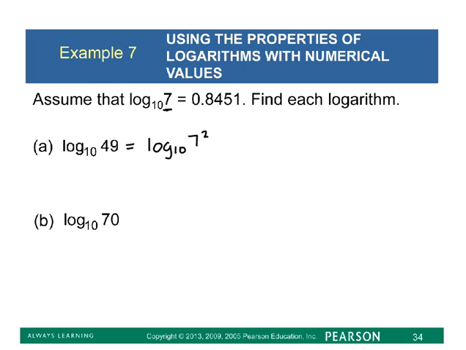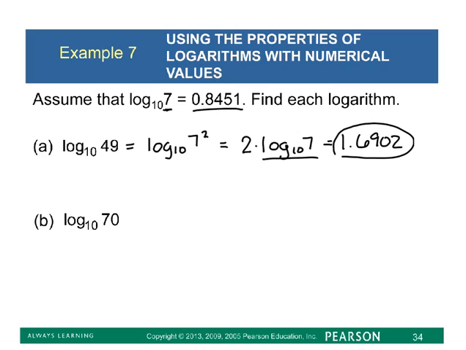Take our exponent and place it in front of our log. So 2 log base 10 of 7. Now we know what log base 10 of 7 is equal to. It's this right here, and 2 times that is 1.69. And there you go.